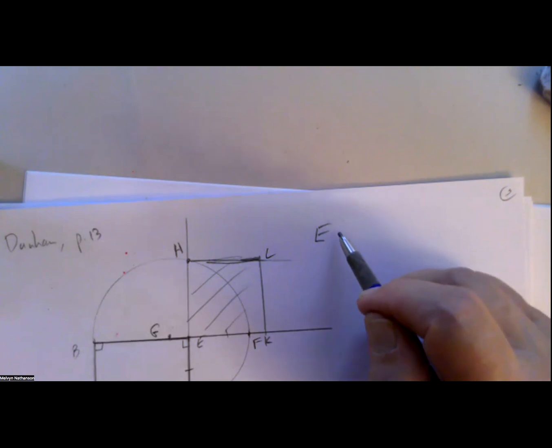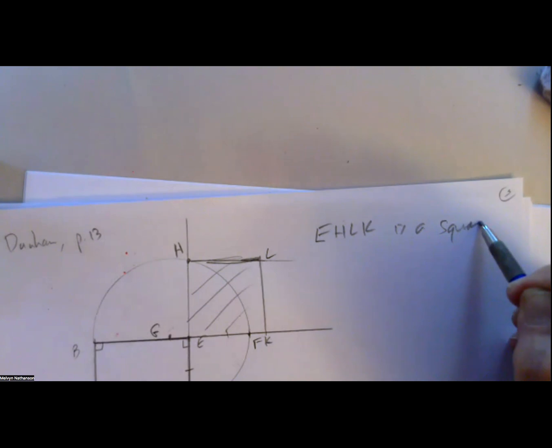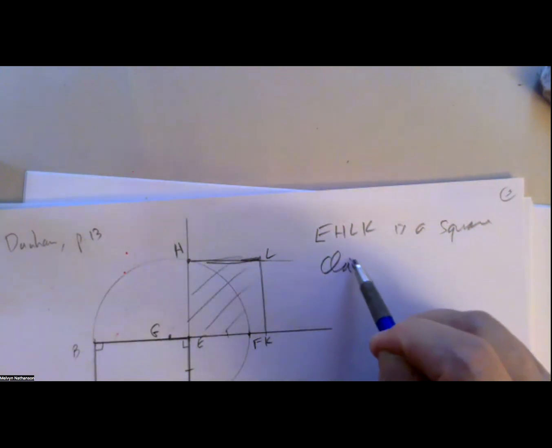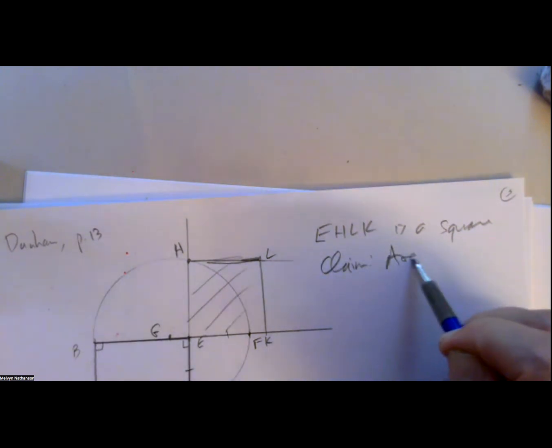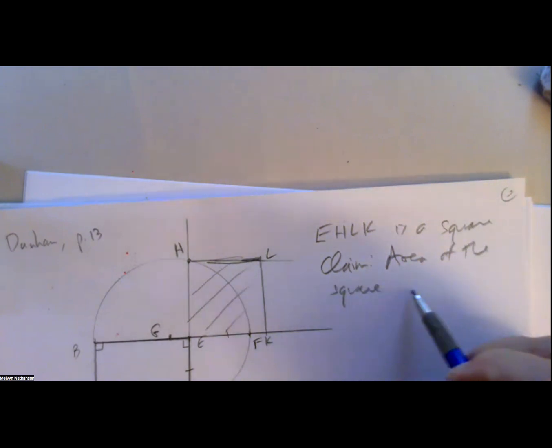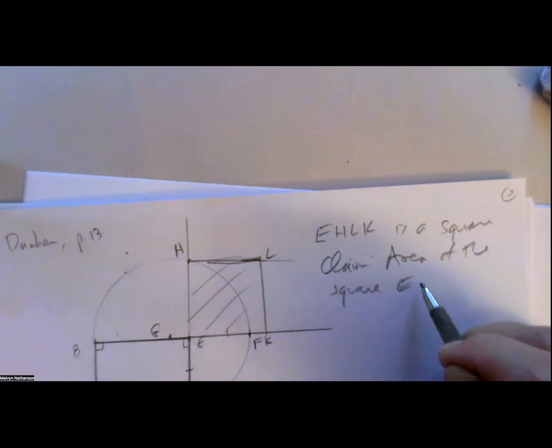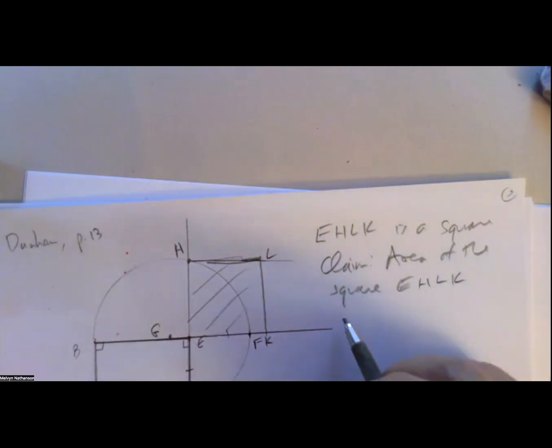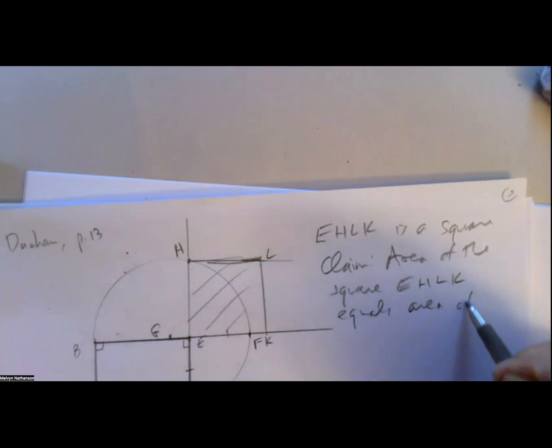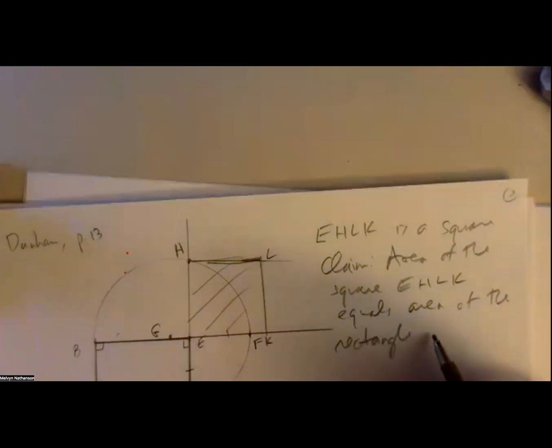EHLK is a square. And I claim that the area of the square EHLK equals the area of the rectangle we started with, BECD or BCDE.